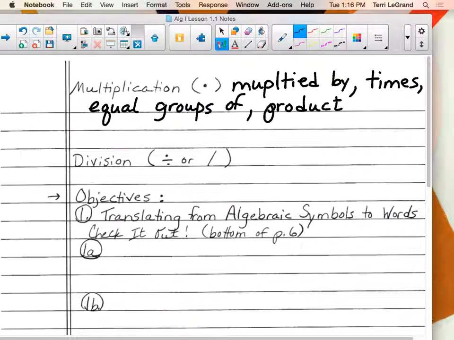If you see the word product, you know multiplication better be going on. Does order matter in multiplication? In other words, is 3 multiplied by 4 the same as 4 multiplied by 3? Yes. Then order doesn't matter, does it? So if you use the word multiplied by twice, with the same numbers, you're just telling me the same thing. Okay?